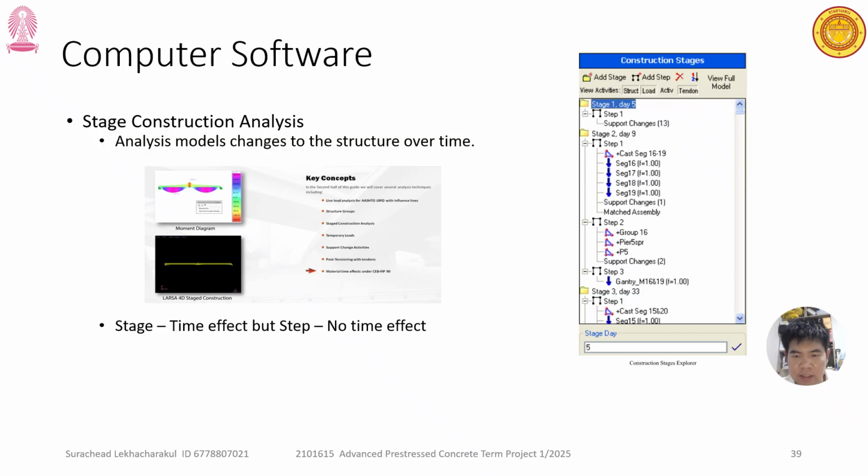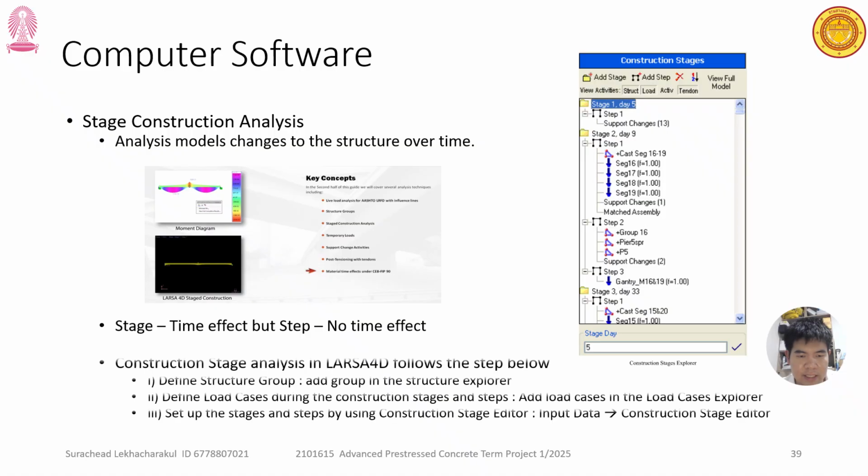Go to stage 3, which is day 30. Construction stage analysis in LARSA follows these steps: define structure groups, define load cases during the construction stage and step, and set up the stage and step by using the construction stage editor.